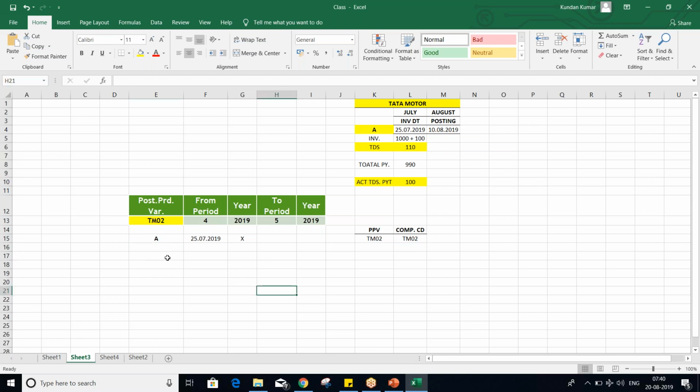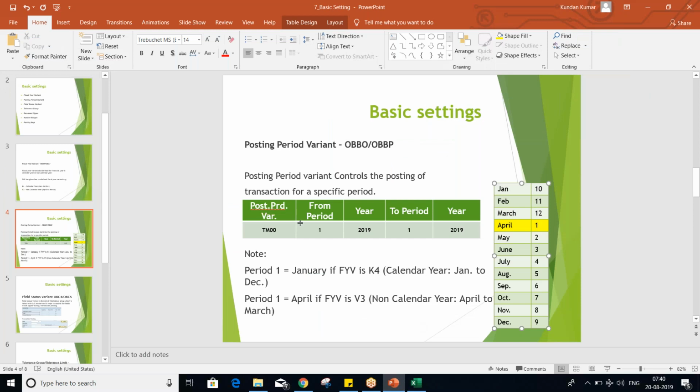The transaction will be posted. So this is what I was explaining, that we have a control. Which control? The posting period variant control, for the posting of transactions for a specific period.